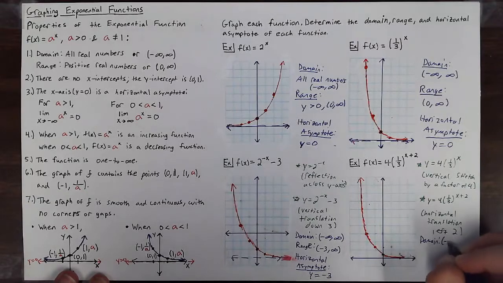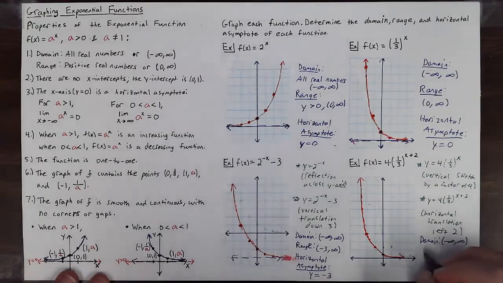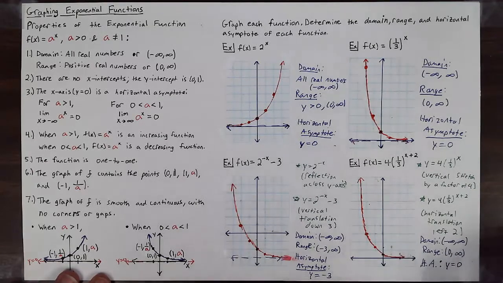Domain is still all real numbers, so -infinity to infinity. Its range is still 0 to infinity, because it didn't shift up or down, so this asymptote stays at y equals 0. Now let's put HA for short, but the horizontal asymptote is y equals 0 again. And that is how you graph exponential functions.